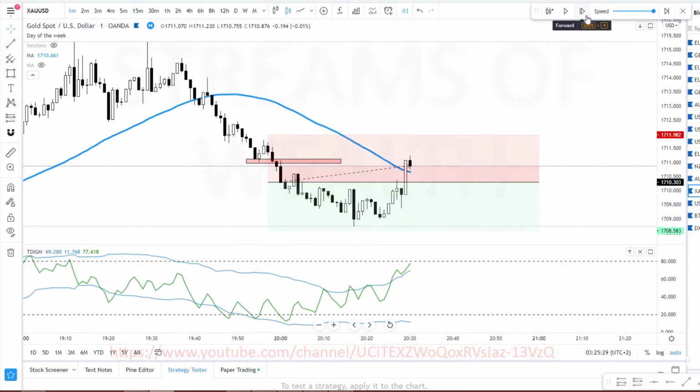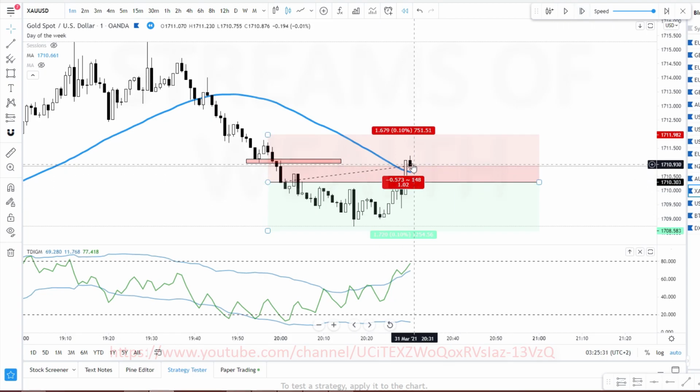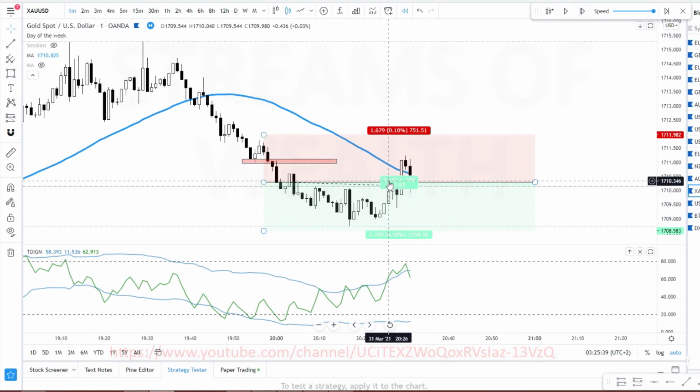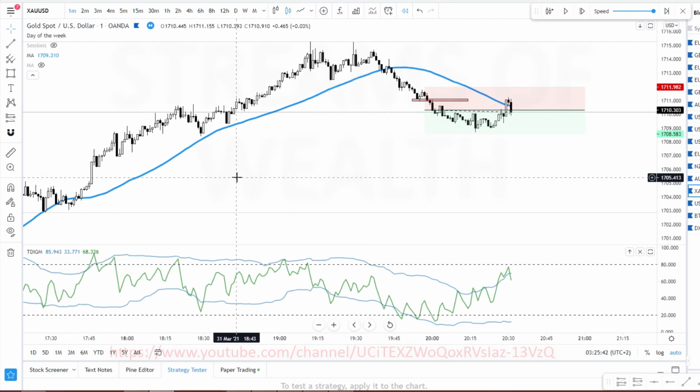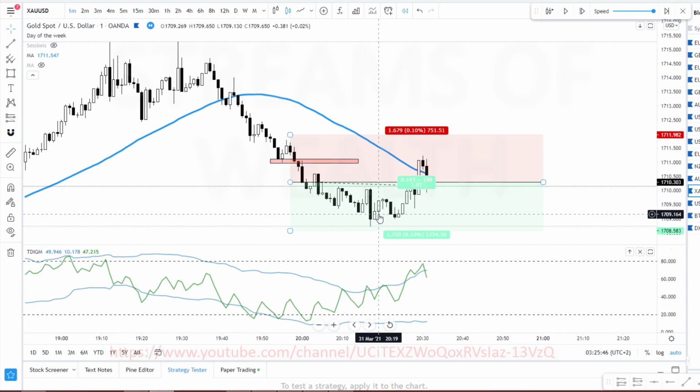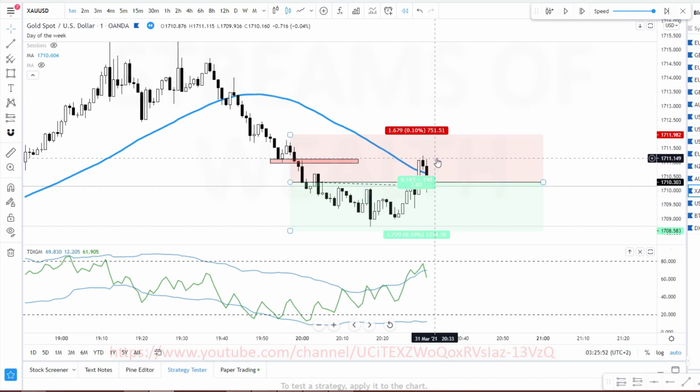And at this point, I would close this trade when it moves down, because we break this 50 moving average, and I'm now closing it with a small profit, because as you can see, I was for a few minutes in profit. Then we reverse to the upside. We break these structures on 1 minute.